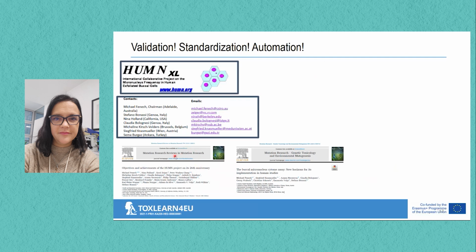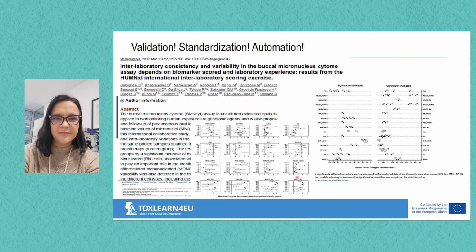And you can check both articles if you're interested to see what are the improvements of the techniques. And they have also published another review article about the use and implementation of the buccal micronucleus cytome assay in human studies, but I will tell you more later about that.